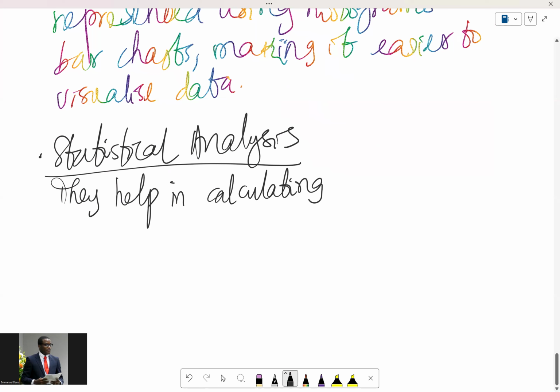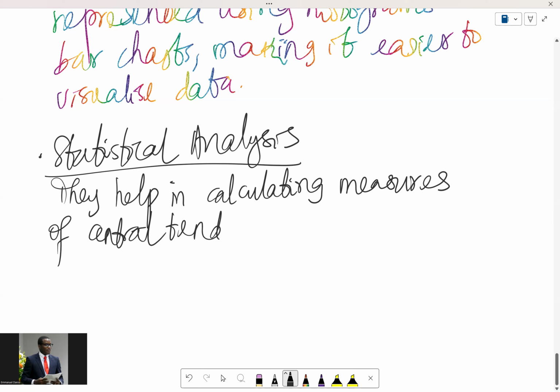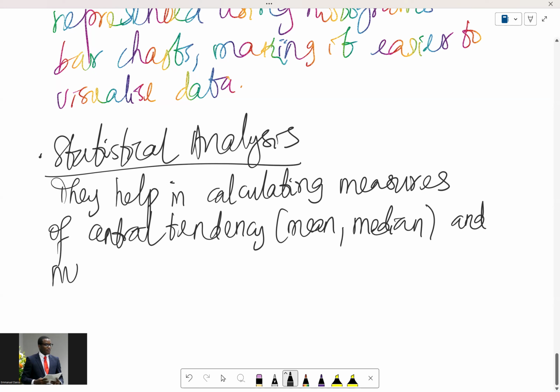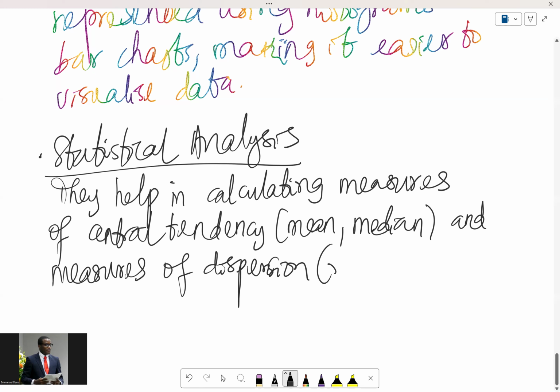But it's okay. You can fit everything together. So they help in calculating measures of central tendency, like mean, median, and even mode for sure, and measures of dispersion like range and variance.